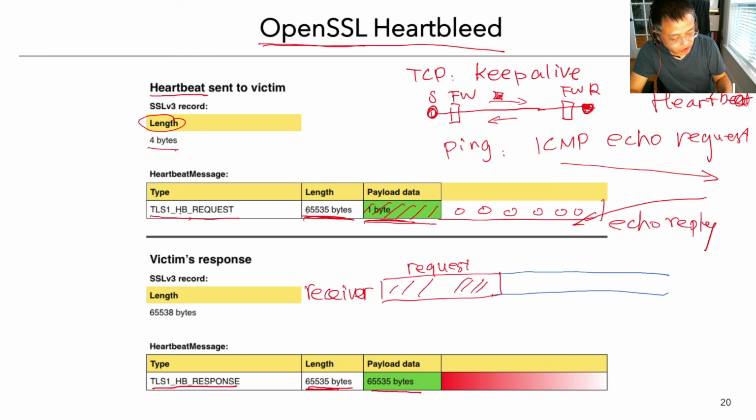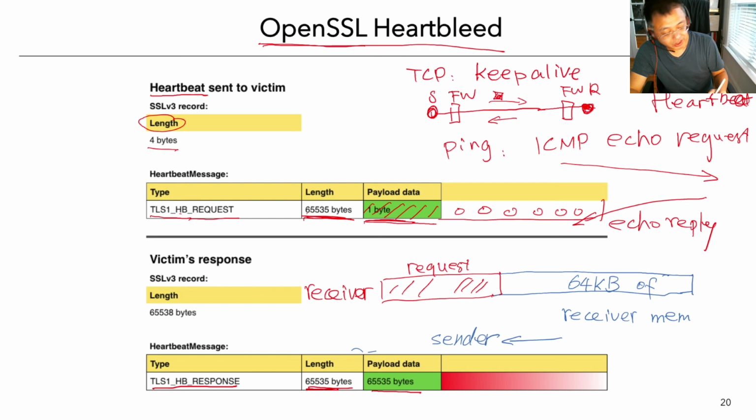It continues to read beyond the request message and sends 64 kilobytes of its own data, from the receiver's memory, to the sender or requester. Every time the attacker says, give me 64 kilobytes of data, but I only provided you 1 byte, you send 64 kilobytes of your own data to the attacker.